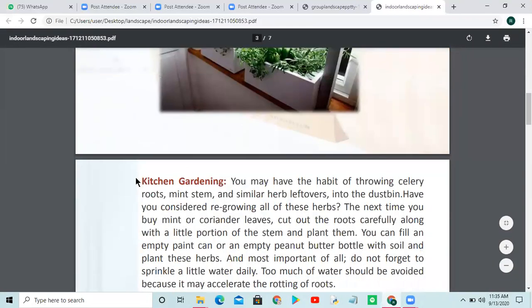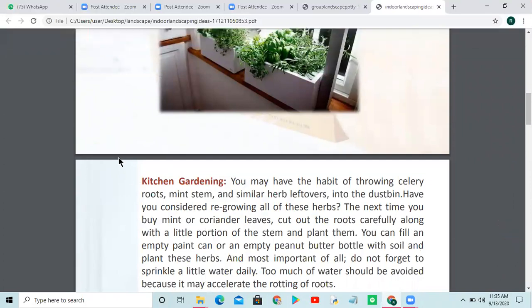Then again, people prefer to have a kitchen garden. Kitchen garden means people grow plants like coriander and so many herbs, and people use fresh leaves of these plants for cooking.